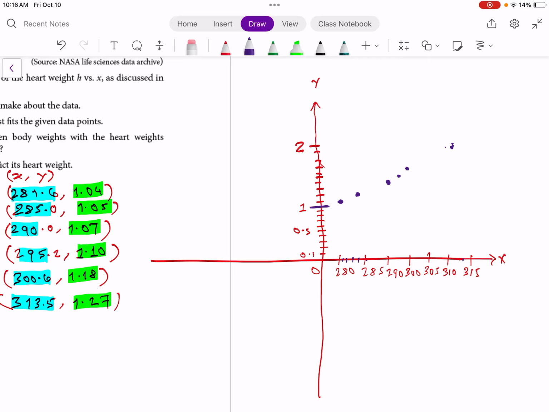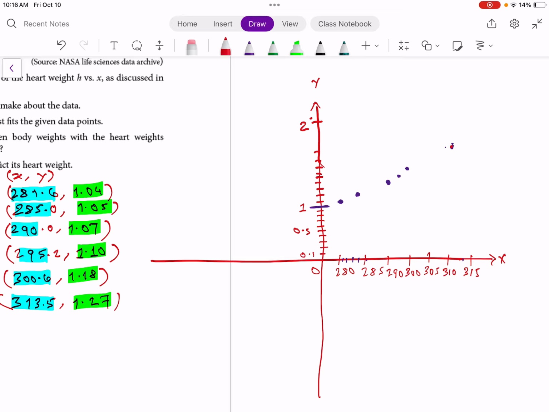So let me erase this scale. So let's say our 2 is somewhere here. I think we should be fine.